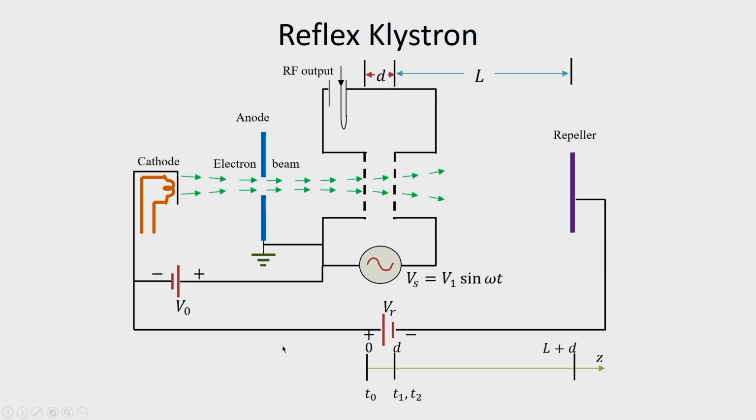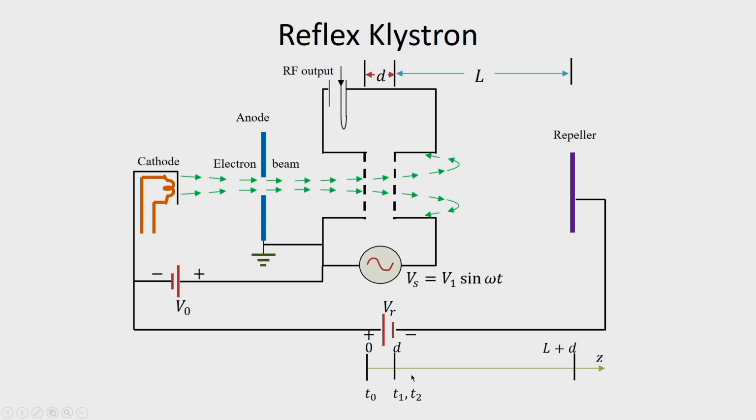These electrons then travel past the cavity, and finally the repeller repels them back, and they come to the cavity after travelling some distance.